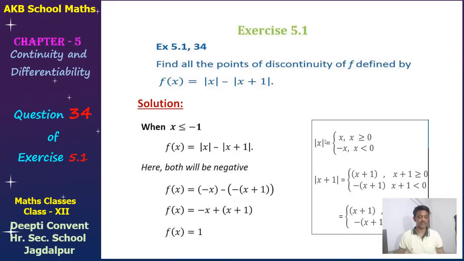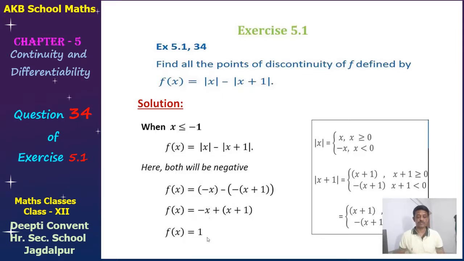This is the breaking of the modulus function. Both will be negative because x is less than or equal to minus 1. So you have to use minus x and minus (x plus 1).